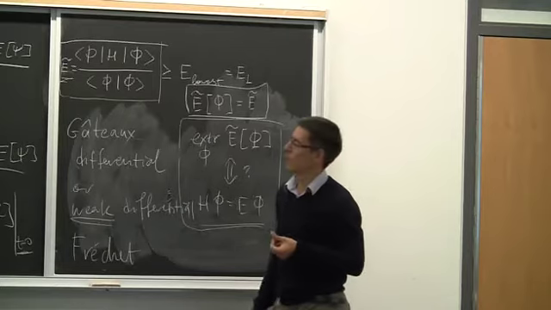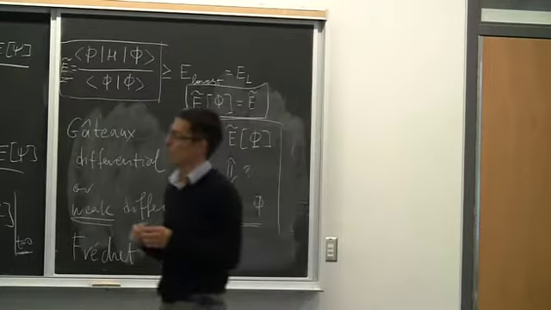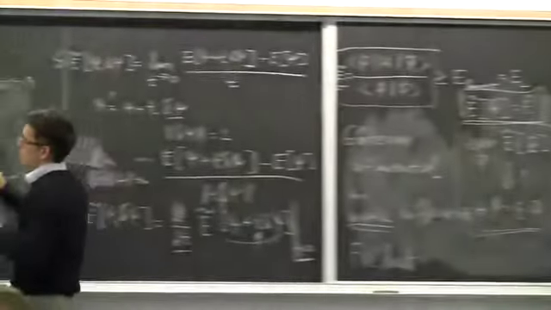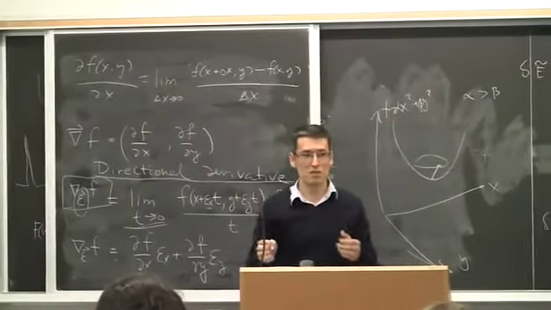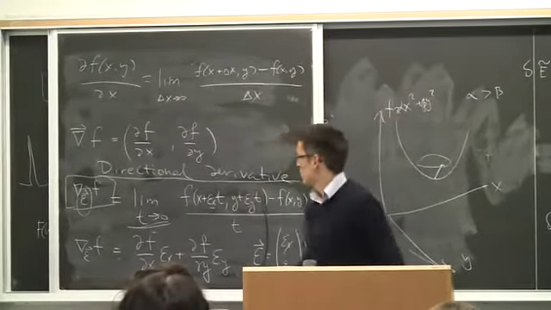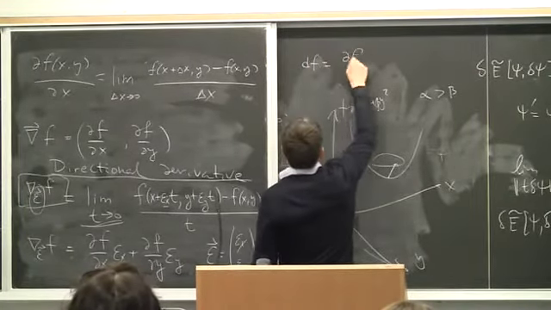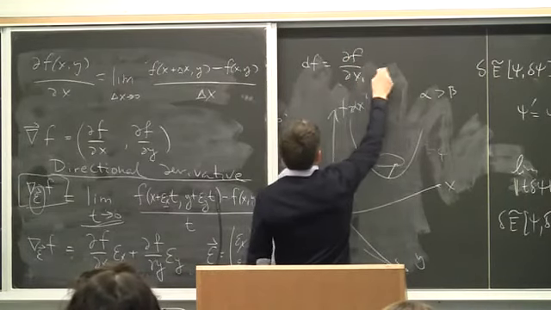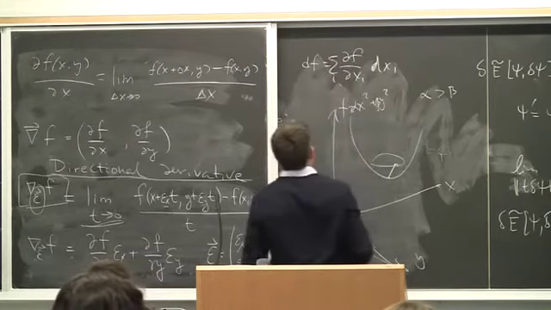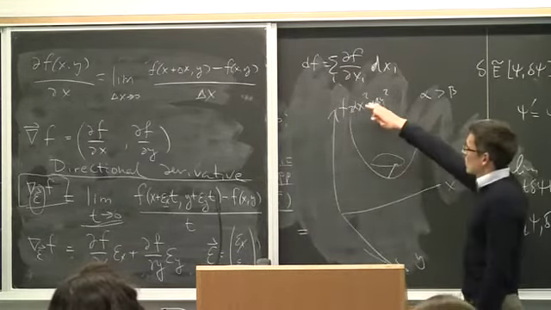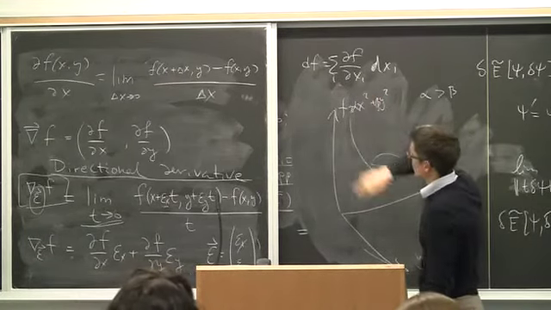If you are familiar enough with multivariable calculus, you may remember that the existence of partial derivatives does not guarantee the existence of a differential. What the differential means is df over dxi, summed over all variables, and there are some conditions that require this to be a linear map.